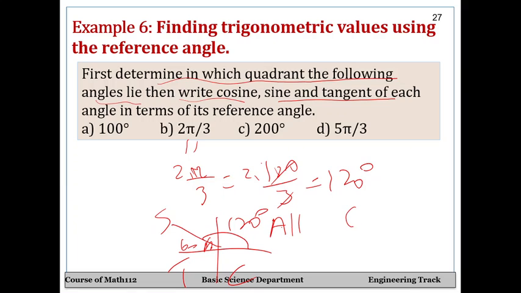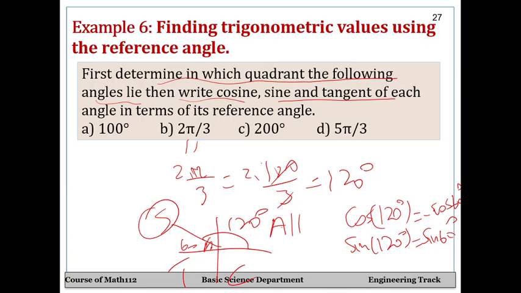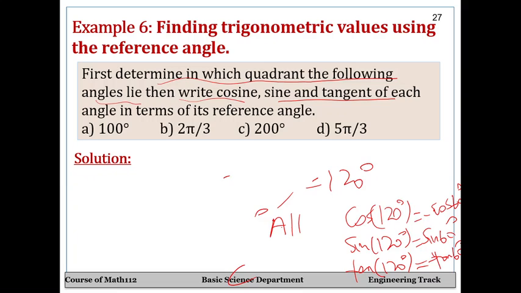Cosine will be negative, so cosine 120 is minus cosine 60, and sine 120 is sine 60 because it's positive here. And tangent 120 is minus tangent 60. In the same way, we can do the rest.